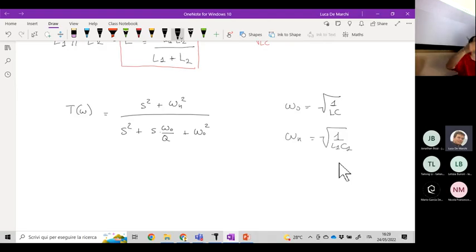So we have two extra degrees of freedom to set omega n differently with respect to omega null. By tuning the parameters of the circuit properly, we can achieve one goal, like implementing a high pass notch or implementing a low pass notch.